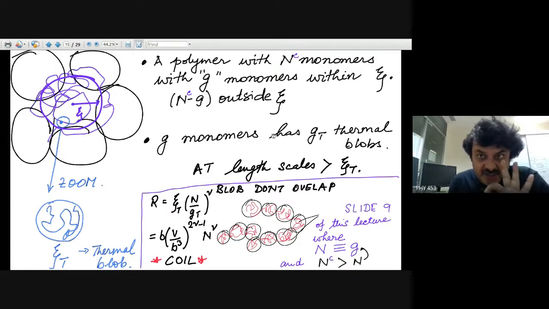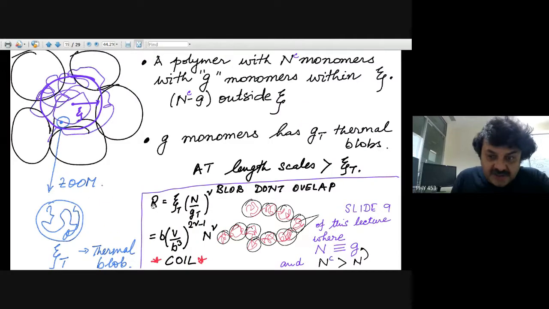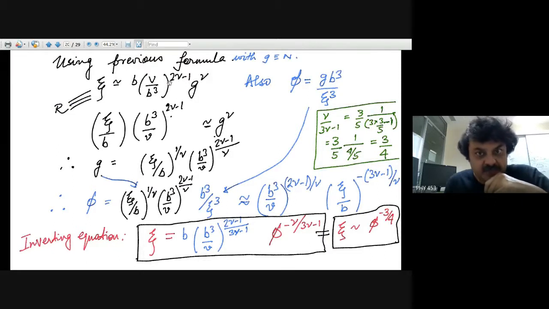Just to remind you, NC is the total number of monomers in a polymer chain, right? And then you can write zeta, which was equivalent to R here. So R equivalent to zeta is the same formula as you have seen previously, where N has been replaced by G. So looking at the correlation blob length scale, this is the relation for the number of monomers within a correlation blob.